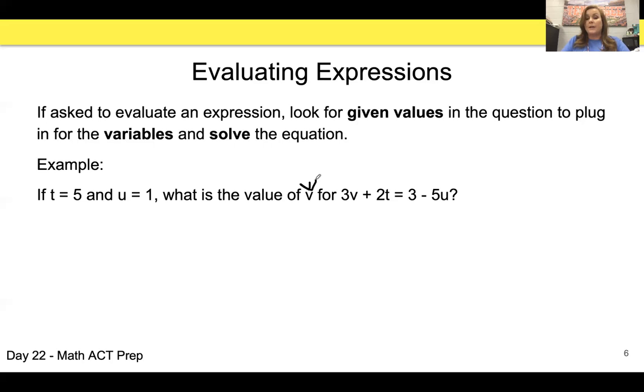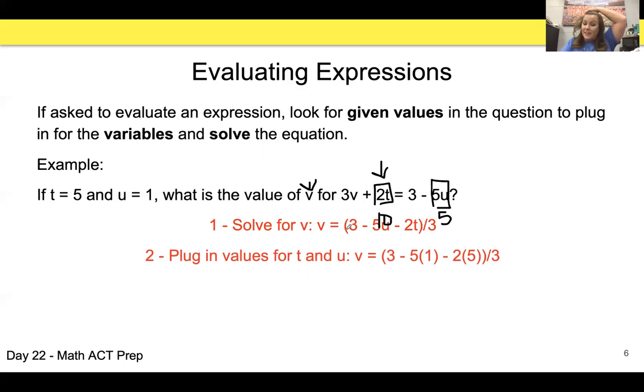We're evaluating each one of these individual expressions, so I can evaluate this expression and this expression, and tell you what they are since you're telling me what t is. So this expression, 2 times 5, is now going to be 10. This expression, 5 times 1, is going to be 5. So I can evaluate these. Now I can solve this equation for v.